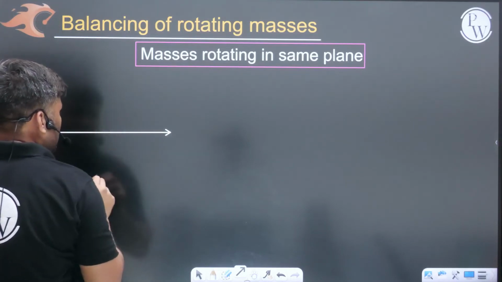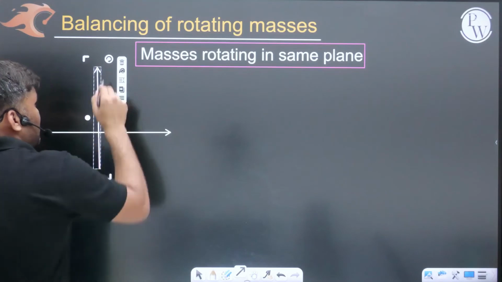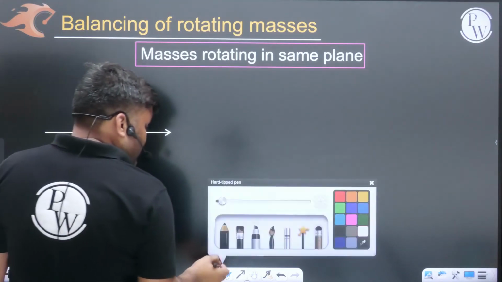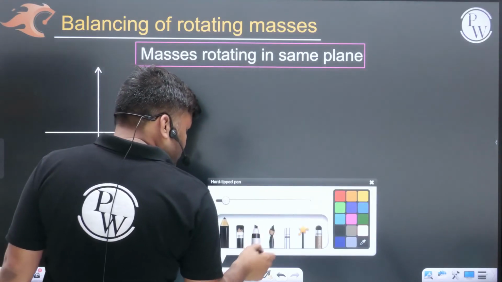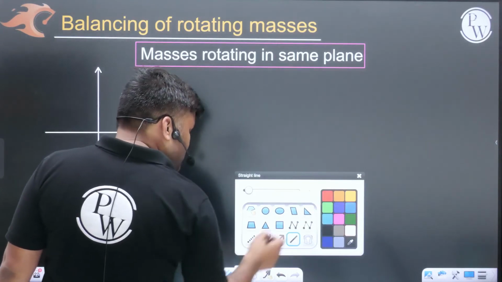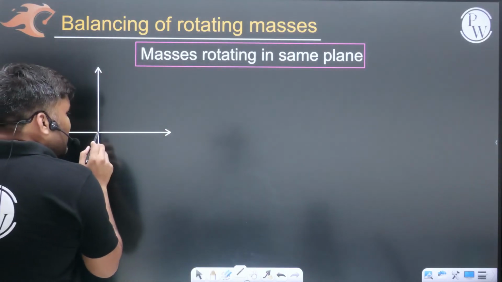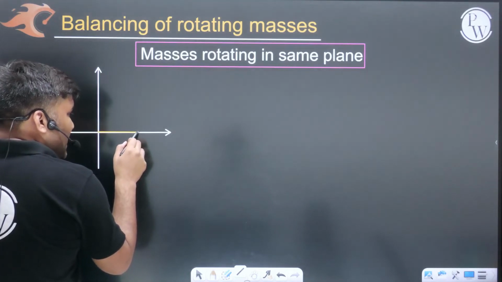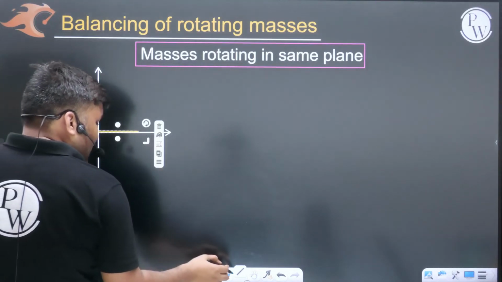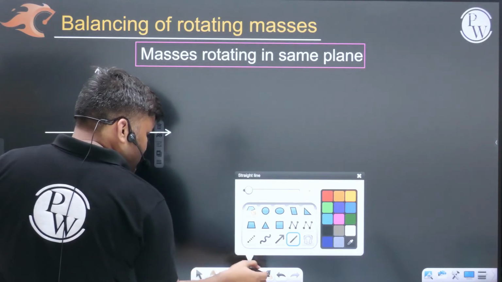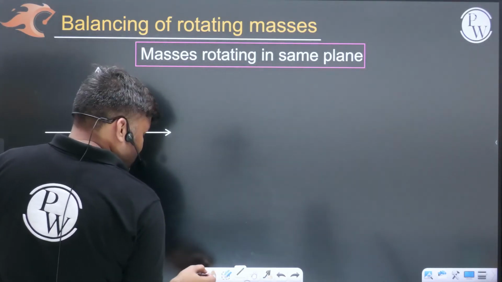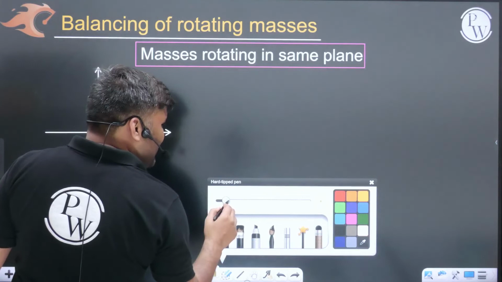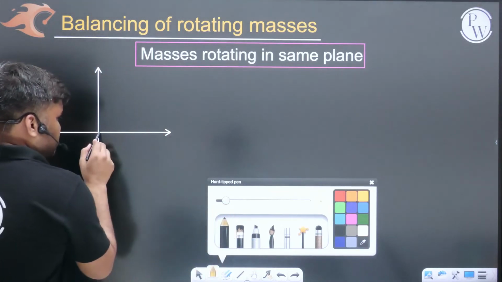if I show the side view, it looks like this. There is a mass at some distance r1. Carefully, at distance r1, let me make a simple freehand sketch.